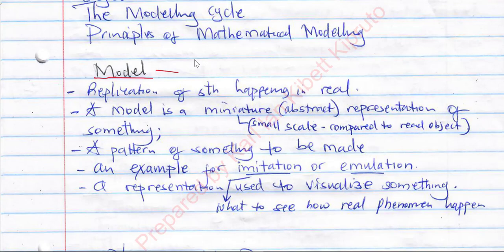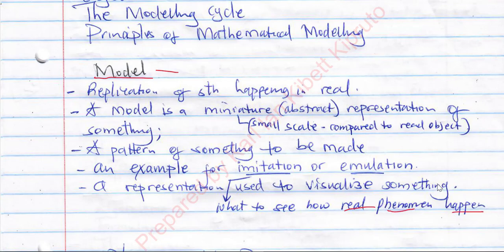It's simply a pattern of something made in a manner that you can represent something so that it can be understood better. For example, you can also visualize something, meaning that you are trying to depict what you see in a real life phenomenon or happening.